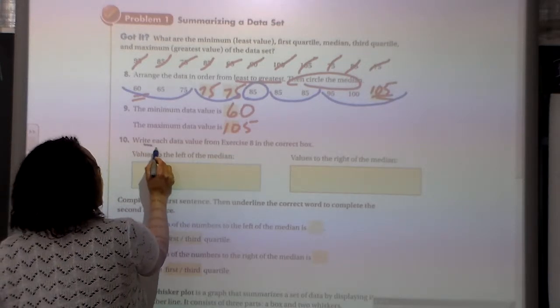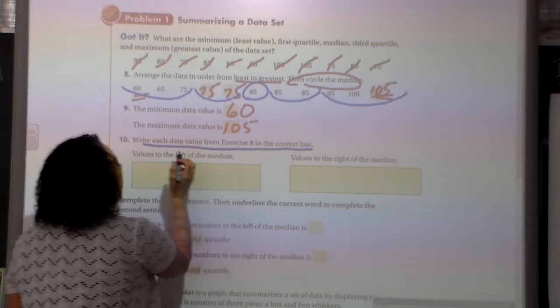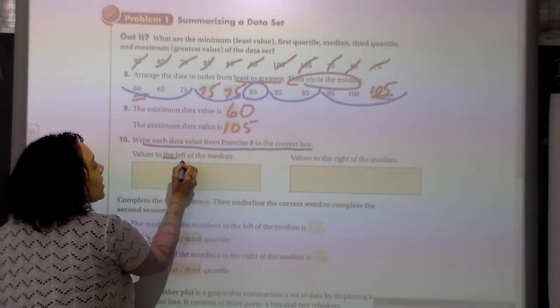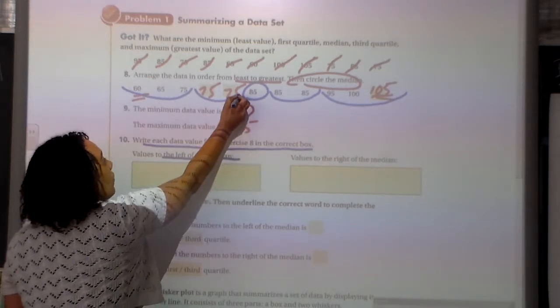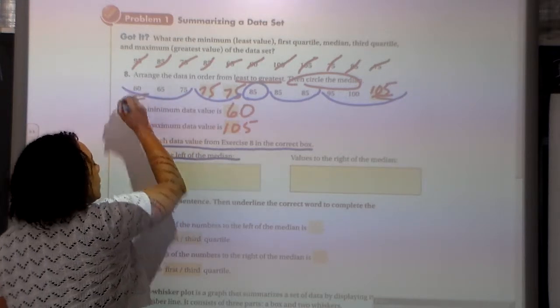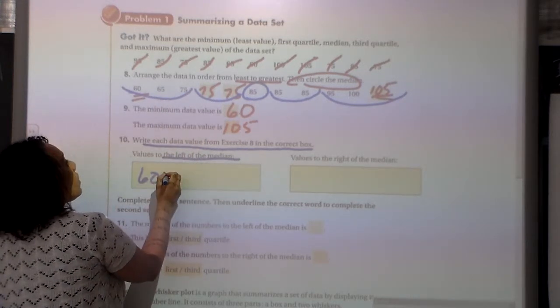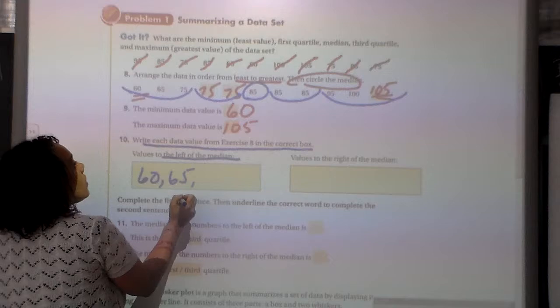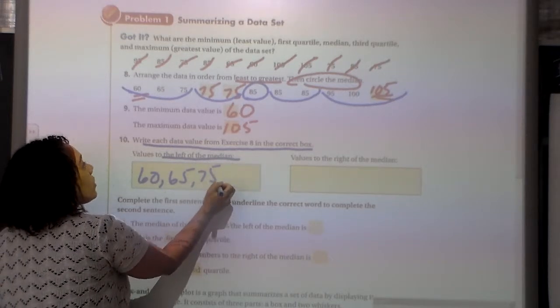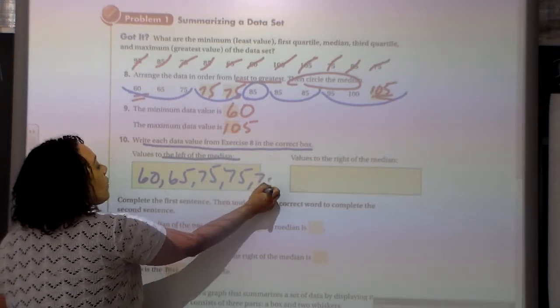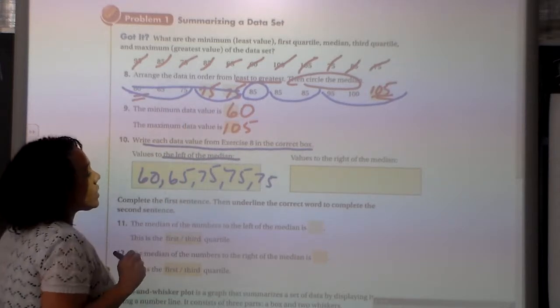So it says write each data value to the left of the median. Everything to the left of the median is here. So that's 60, 65, 75, 75, and 75 again. That takes care of this list.